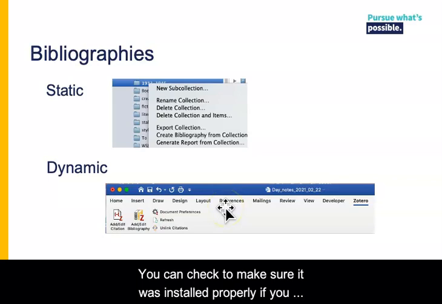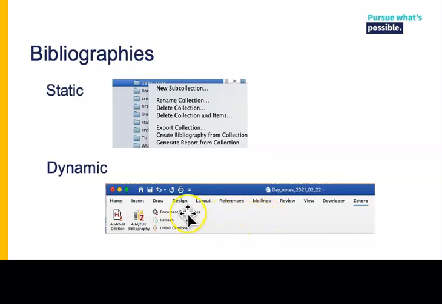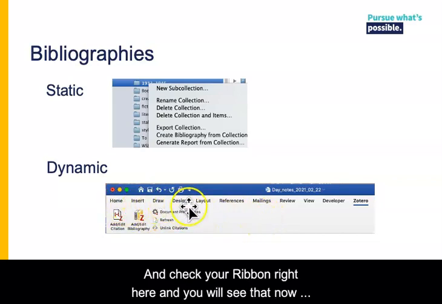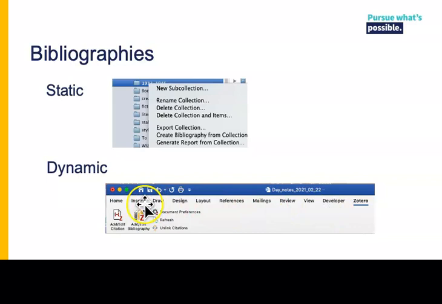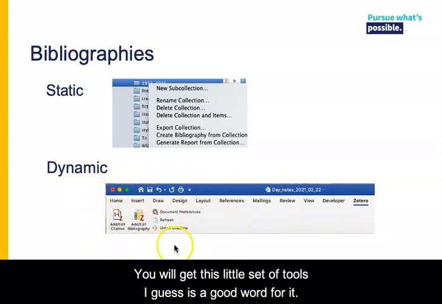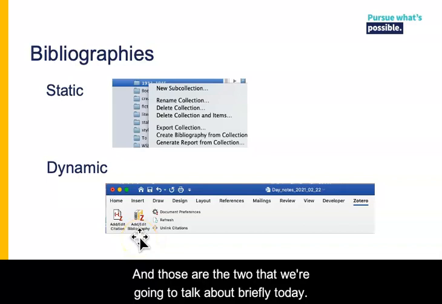You can check to make sure that it installed properly if you open up a Microsoft Word document and check your ribbon right here, and you will see that now you have an option for Zotero, and when you click it, you will get this little set of tools. And you've got add or edit citation, add or edit bibliography, and those are the two that we're going to talk about briefly today.